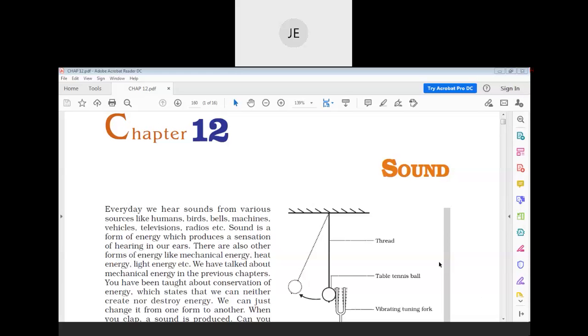Let us try to understand. In this chapter, we will be learning the source of sound, the mechanism of our voice box, and the characteristics of sound, such as quality, loudness, and pitch. We will also learn how sound propagates, how it travels in solids, liquids, and gases.